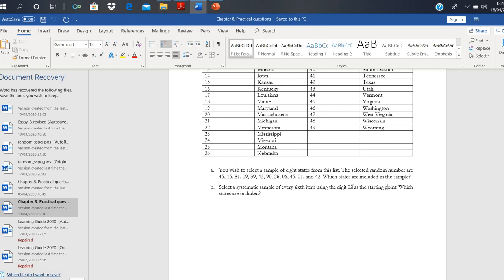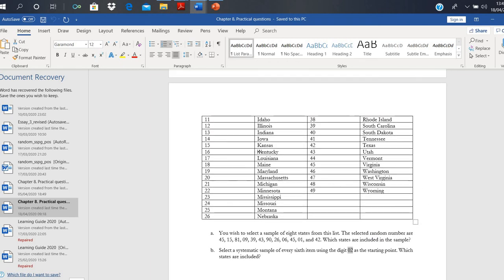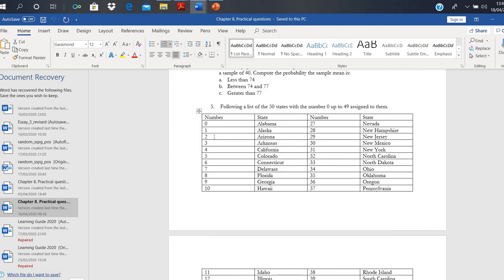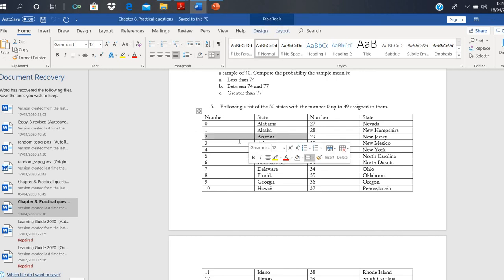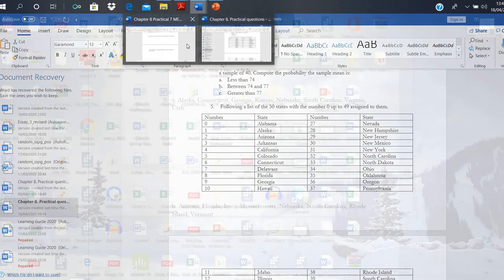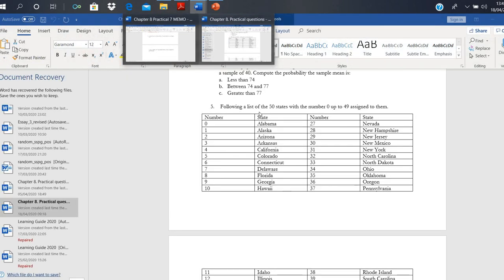In this example, they are telling us that the starting point is 0, 2. 0, 2 is here, it is Arizona. So that is your starting point.